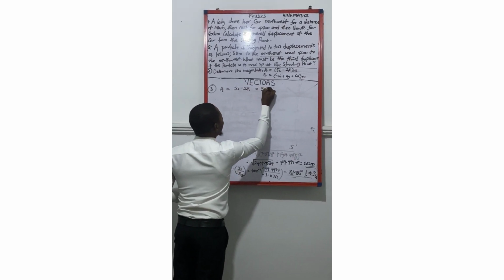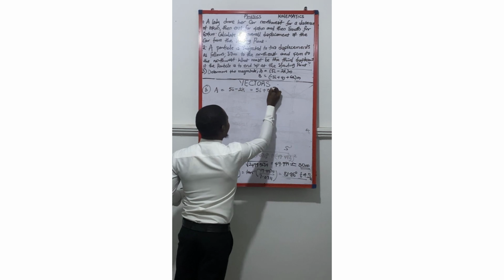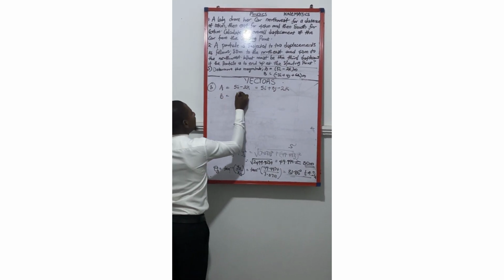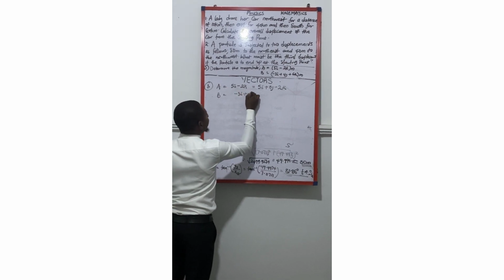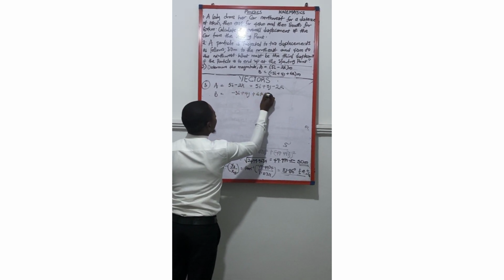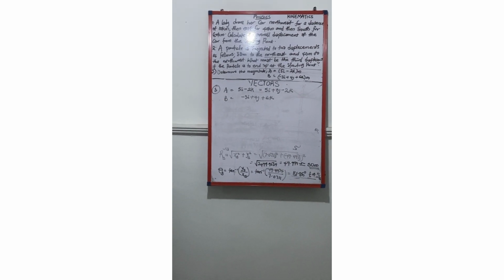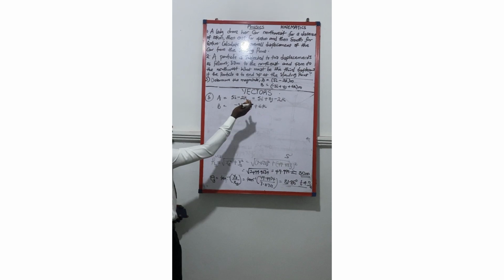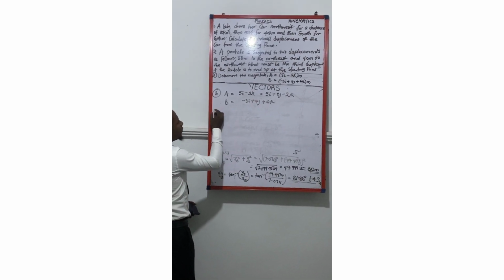This means 5i plus 0j minus 2k, while B is equal to minus 3i plus 4j plus 6k.